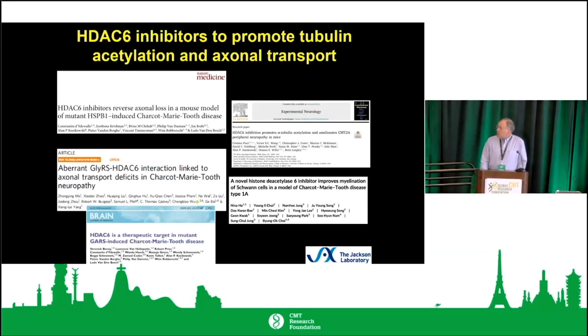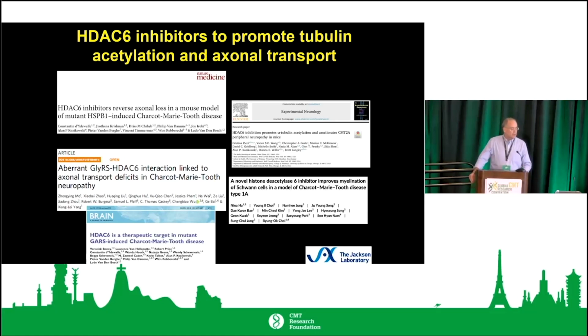There are a few different strategies that people are testing to do this. One that we're going to hear more about from Augustine Therapeutics later today is inhibiting HDAC6. The rationale is that in CMT, as axons start getting sick in the peripheral nervous system, the acetylation of alpha-tubulin in the axonal cytoskeleton starts to decrease.